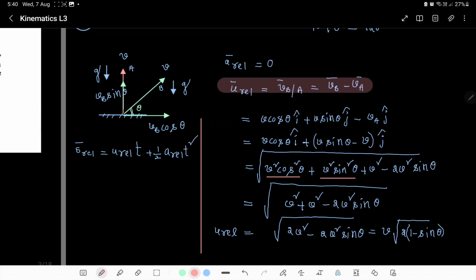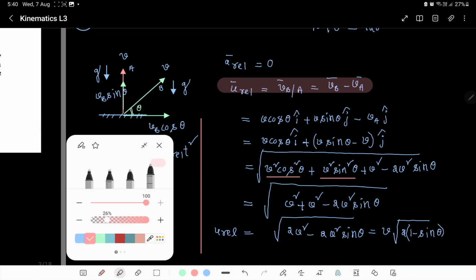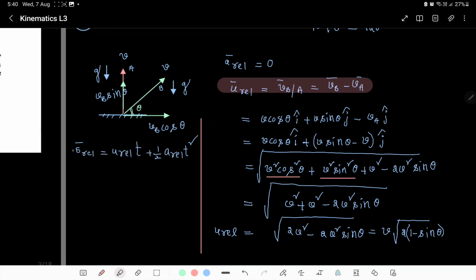That was the formula to use for relative displacement or relative separation. So this logic is important.